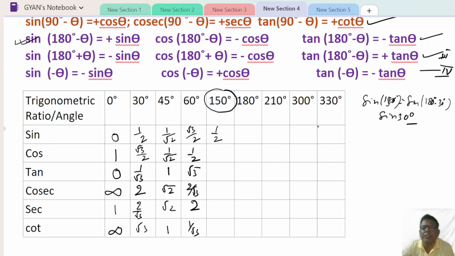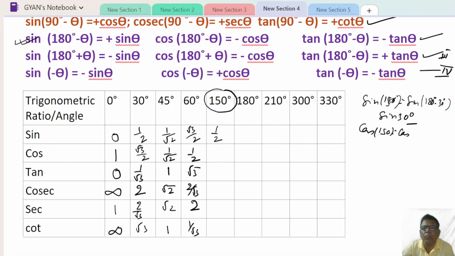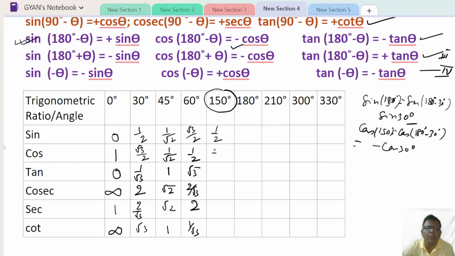Now come to cos 150 degree. Cos 150 degree will be cos of 180 minus 30 degree. That will be equal to minus cos 30 degree, by this formula. So minus cos 30 degree is equal to minus root 3 by 2.